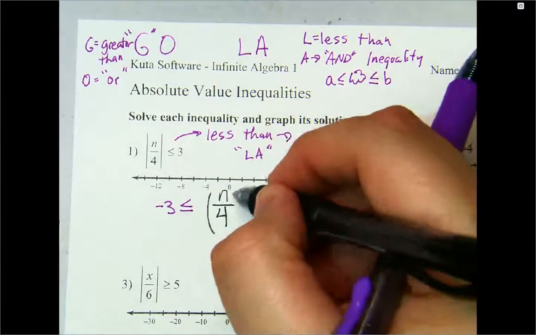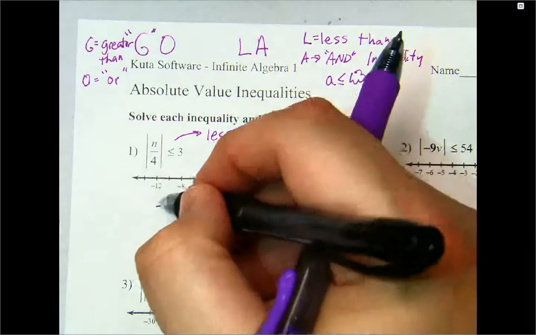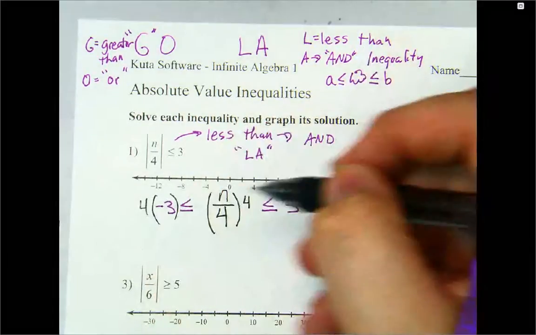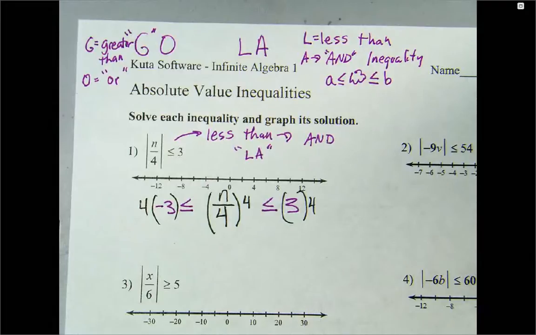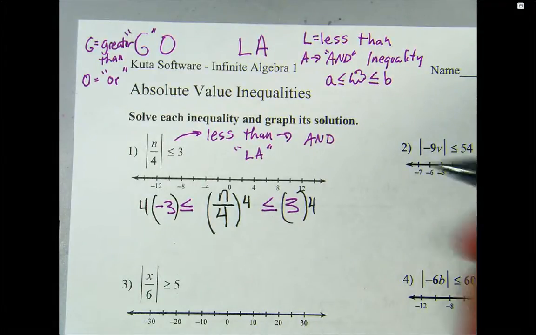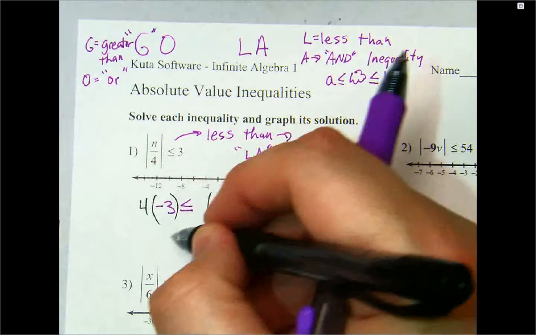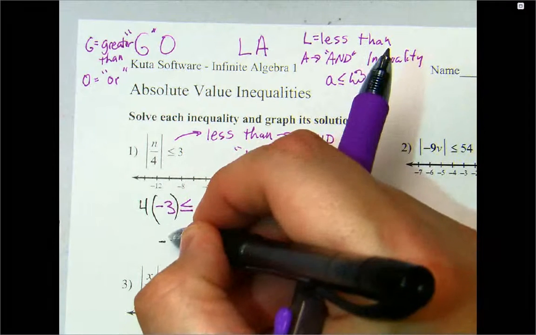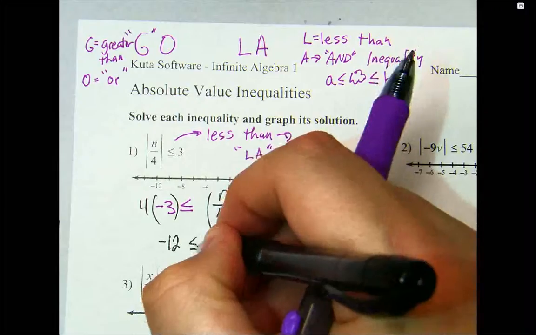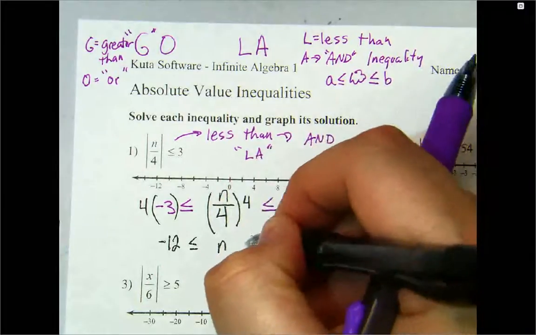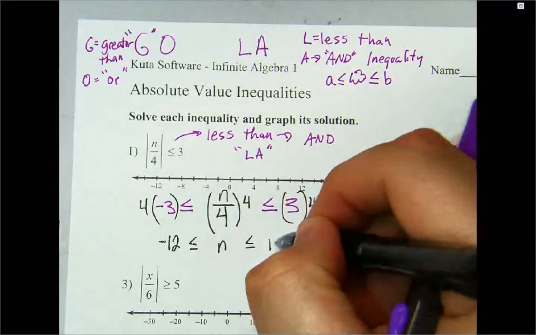I want to multiply that by 4. So I have to multiply this by 4. And I got to multiply this by 4. So what's 4 times -3? -12. That's going to be less than or equal to n, which is less than or equal to 12.